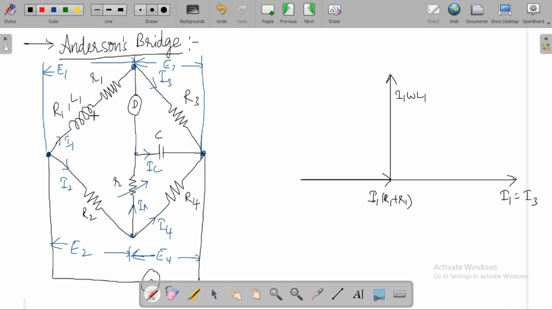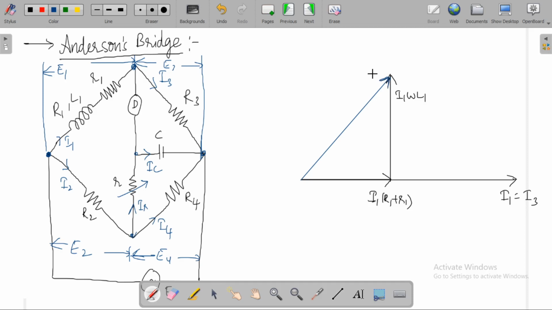Now the phasor sum of the voltage across the resistance and the voltage across the inductance gives E1.